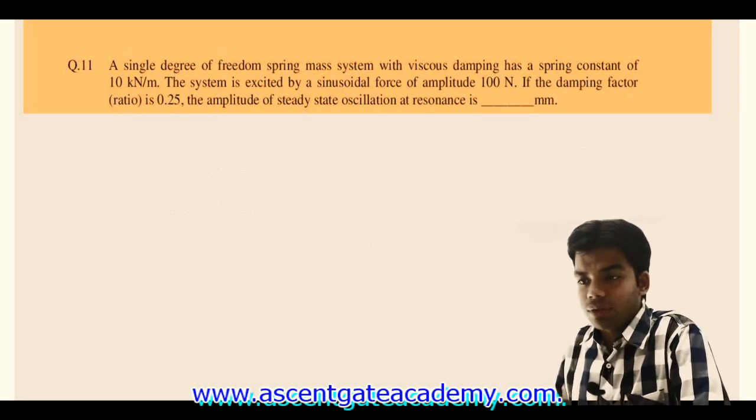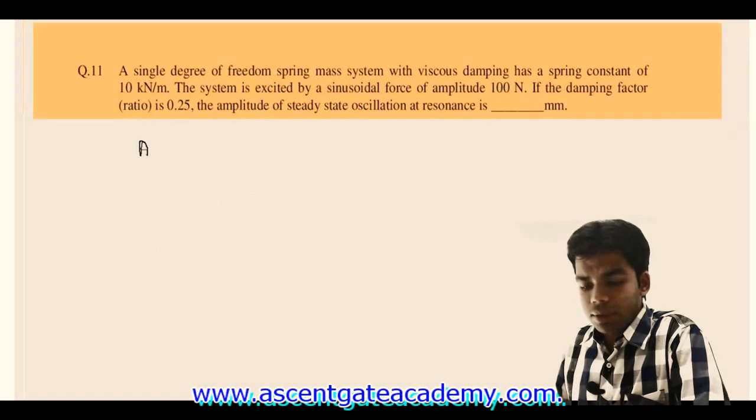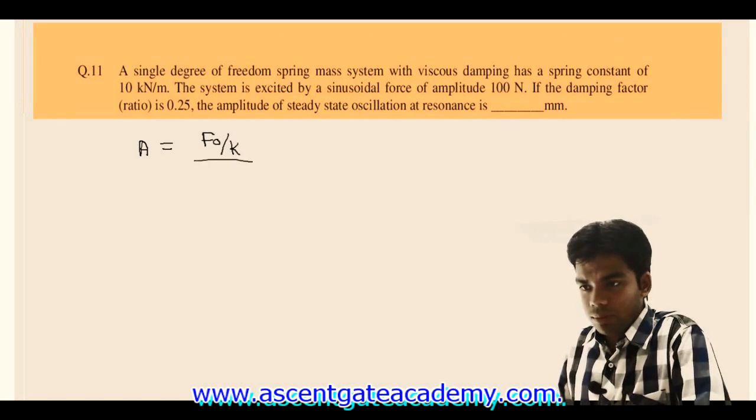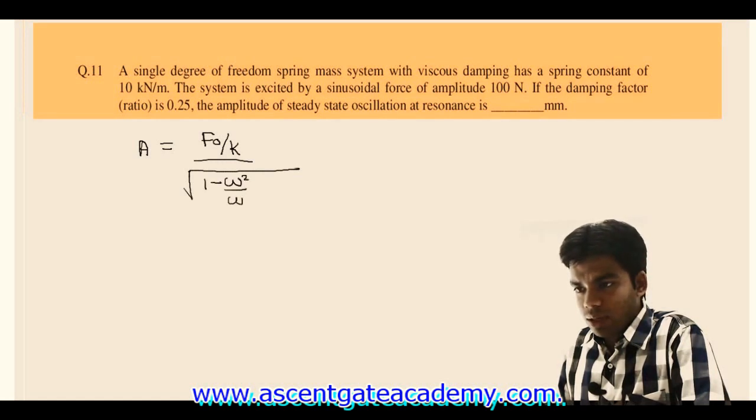The formula for amplitude we know. This amplitude is equal to F naught by K upon under root of (1 minus omega square by omega n square) whole square plus (2 zeta omega by omega n) whole square.